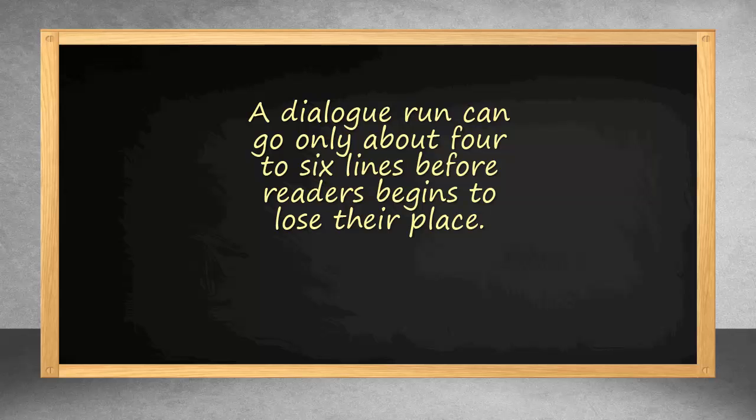And we don't always need an attribution in a dialogue run, as long as there are only two people in the conversation, because we alternate back and forth, and then after the fourth or fifth line, then we have to add some kind of attribution to help the reader keep their place. Because we don't want the reader to have to stop and go back and figure out which character said the line. So use dialogue runs. They look good on the page and readers like them.